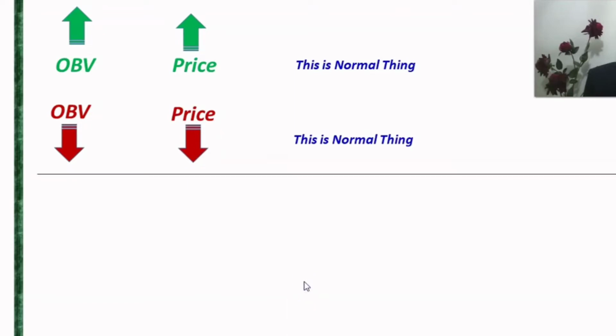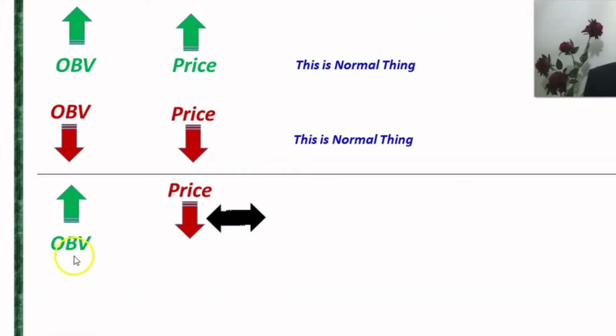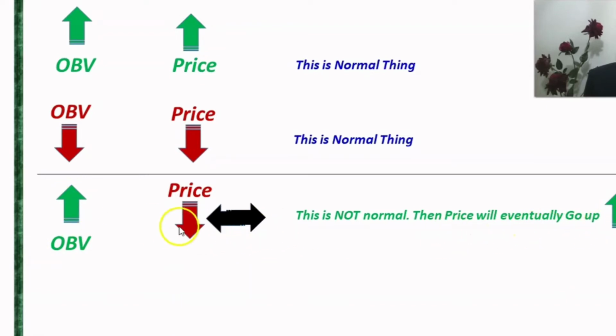But if the on balance volume is going up and the price is coming down or the price is stable, if such a thing is happening, then this is not normal. The price will eventually go up. The OBV is going up, then the price will also eventually go up. This is an abnormal situation which is happening.